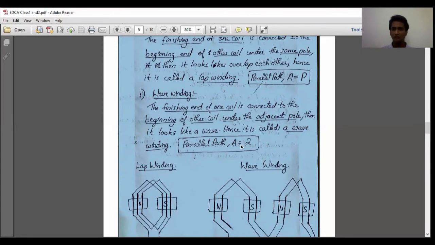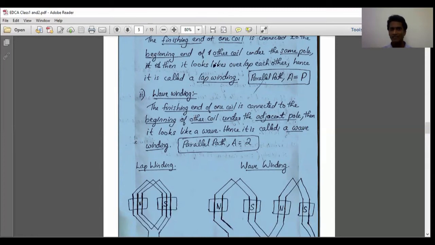Clear? Then how does the wave winding arrangement come? Let us have a look. The finishing end of one coil is connected to the beginning end of another coil. It looks the same as before, right? Same as lap winding. But what is the difference?